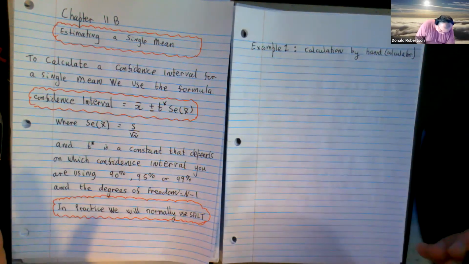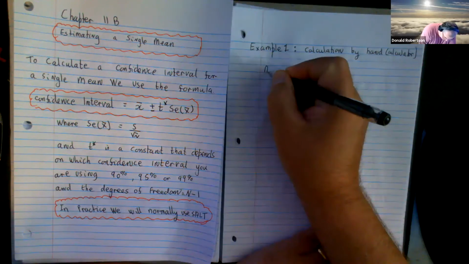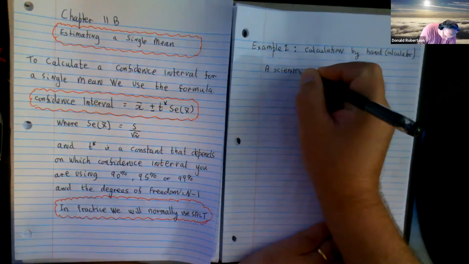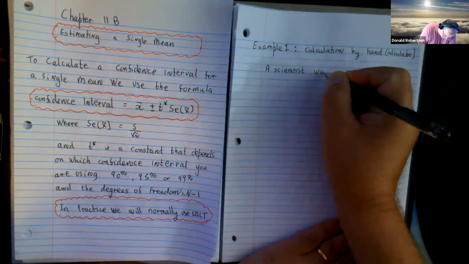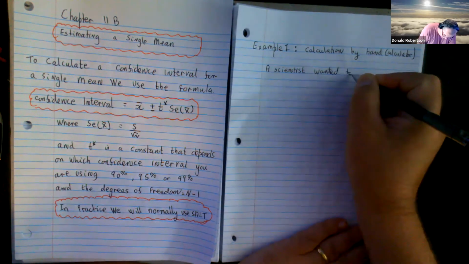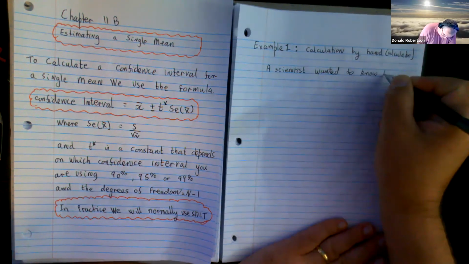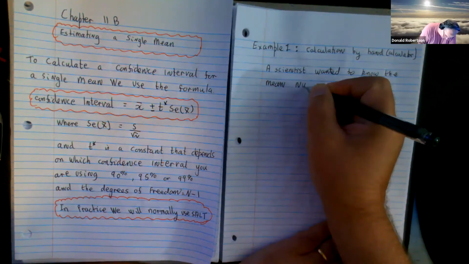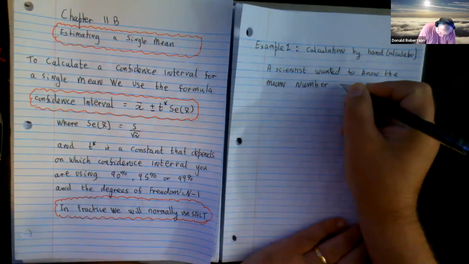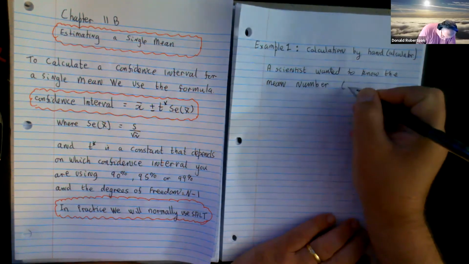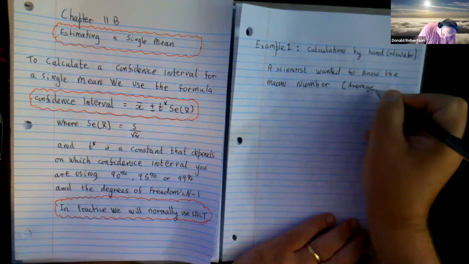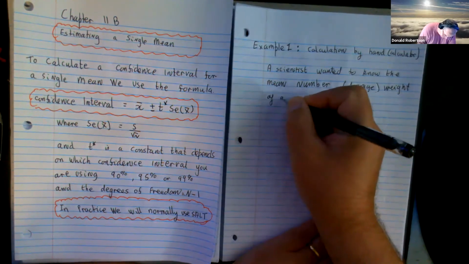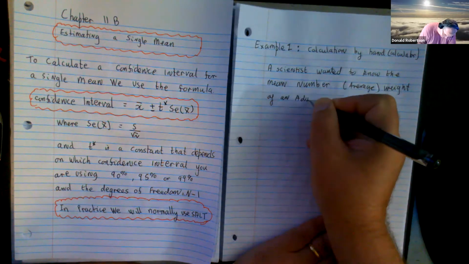So let's have a story for this. In my example, a scientist wanted to know the mean number, or as we would probably call it, the average weight of an adult elephant.